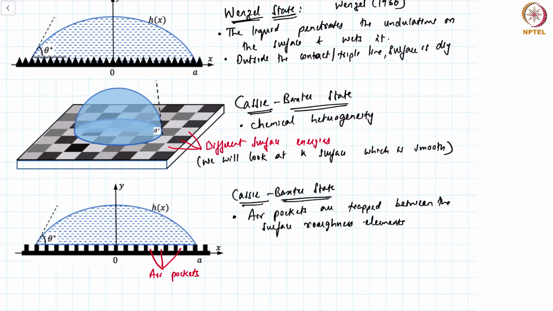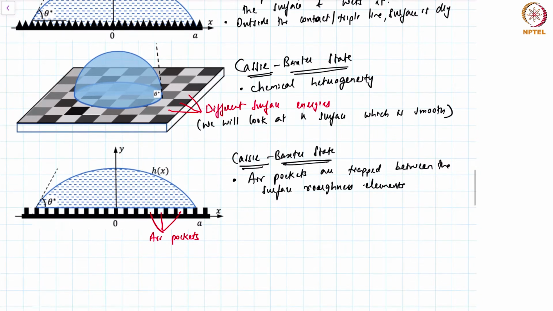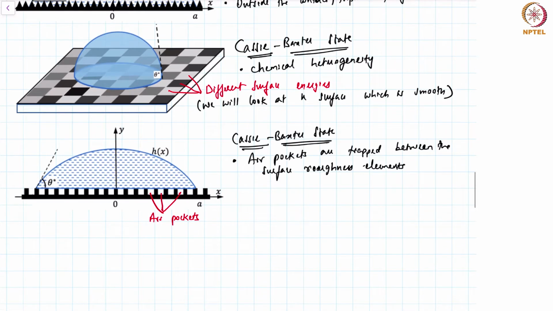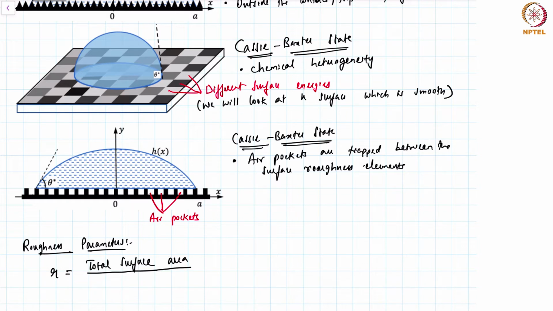Now, we want to do an analysis for each of these cases, but before we do this, let me first define how we characterize roughness. So we'll define two roughness parameters. The first one, we'll just call R, and this quantity R is the ratio of the total surface area of the rough surface to the projected surface area.